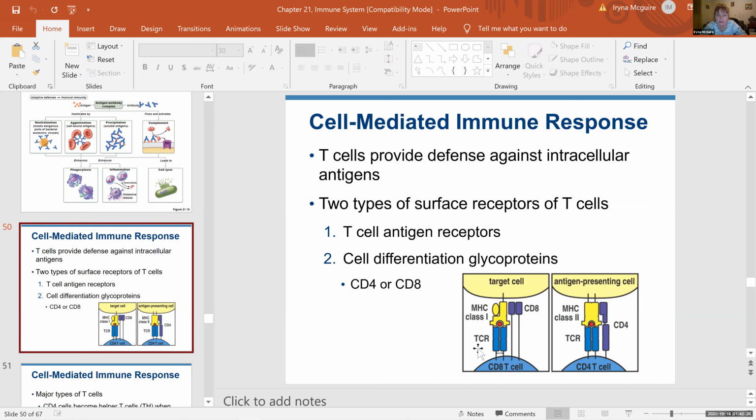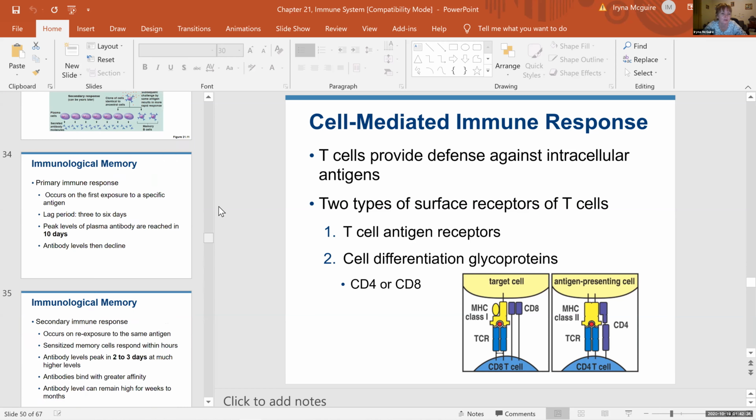It has a T cell receptor and some other receptors that make them helper cells, like CD4. So there are all different receptors on the T cells, but the T cell receptors bind to this fragment of the antigen presenting cell. Right, so let's go back.